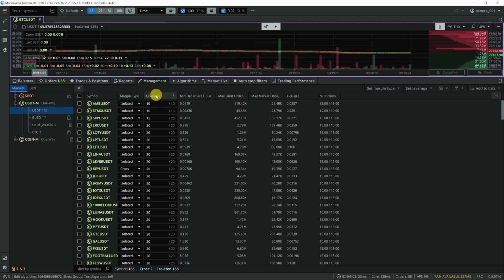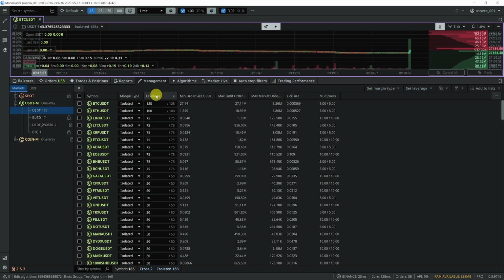So leverage probably deserves an explanation in itself, but I will try to give you the basics here. The way I look at leverage is like grade in school or like credit scores with a bank. The bigger the leverage, the more trust the exchange has in this coin, but it also might mean that this coin is very stable and it's less prone to volatility.